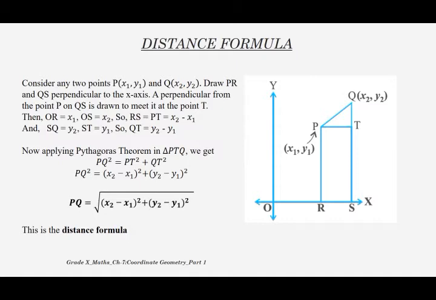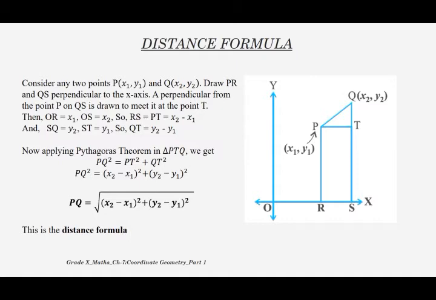So RS will be x2 minus x1. PT would also be x2 minus x1. And SQ will be y2. ST, which is the same as PR, will be y1. So QT is y2 minus y1.